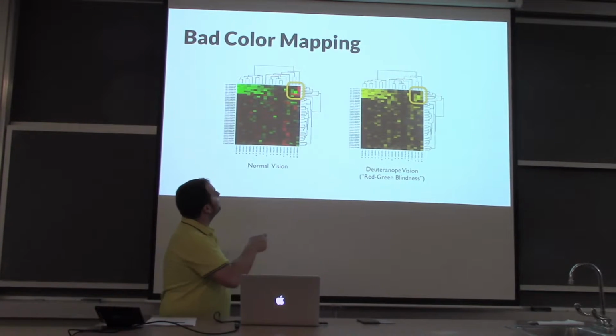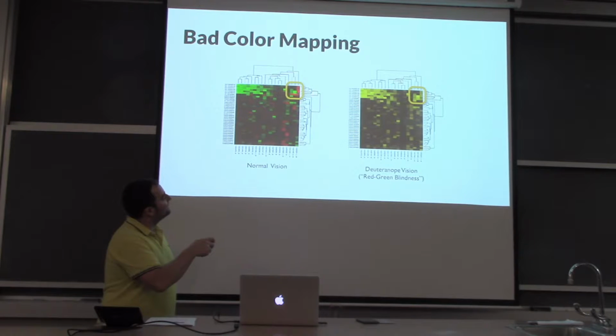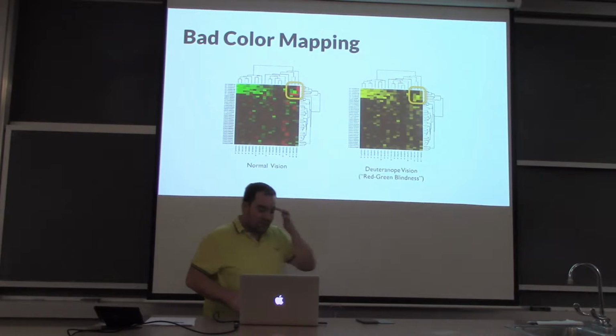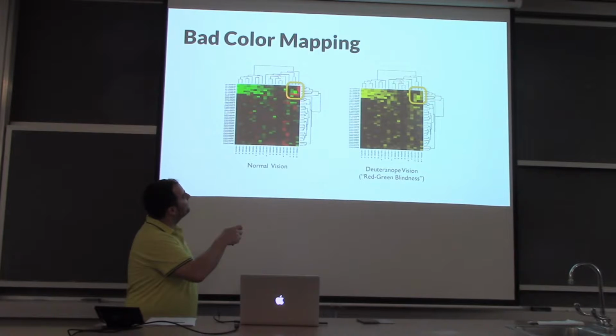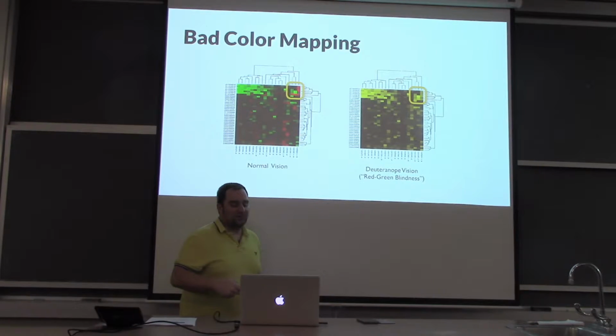And again, a reminder of the problems of color mapping. Up here in this red-green heat map, which is still very common in biology, we can see this high red value, and right next to it there are a lot of low green values.